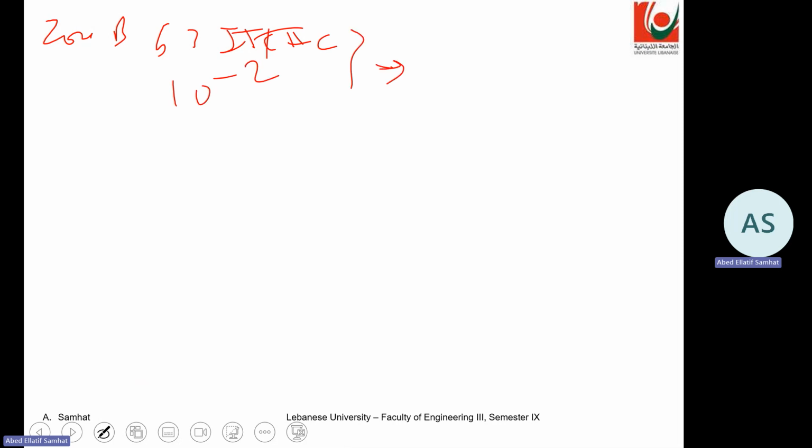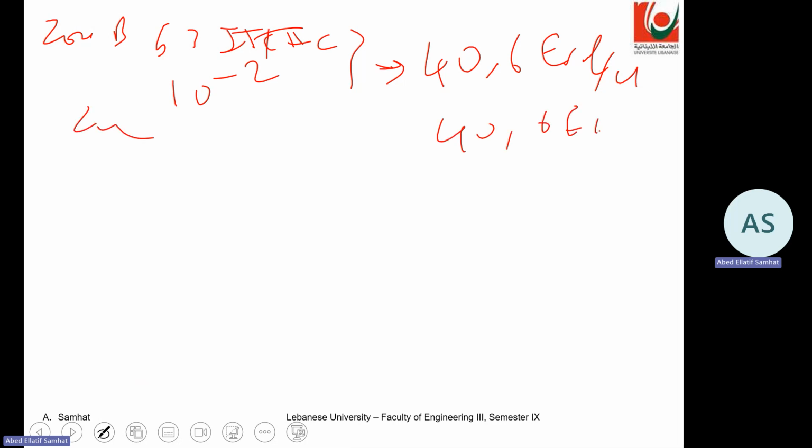Based on the table, because the blocking probability is less, this means that we have a higher quality of service in comparison to A. The quality of service is better, so that's why the traffic will be less in each cell of zone B. Here it will be 40, and we can find this number in the table. And also for zone C, it will be 40.6 erlang per cell.